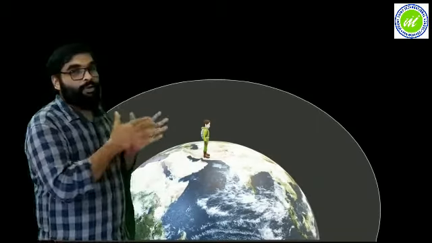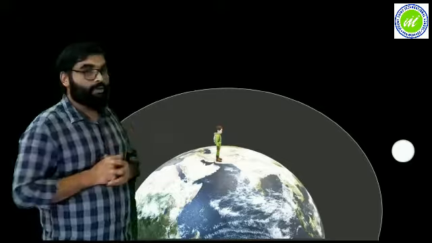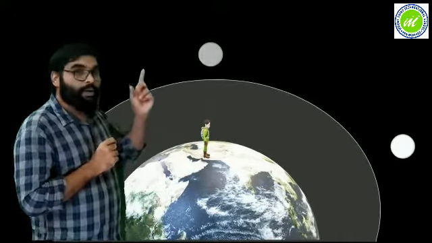Now let us see why the sun appeared to be red during sunset and sunrise. If we are in this position on the surface of earth and during sunrise, if sun is over there, and during daytime or noon, sun will be above us, right?